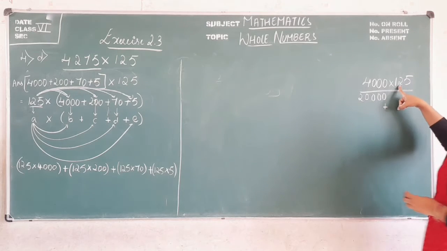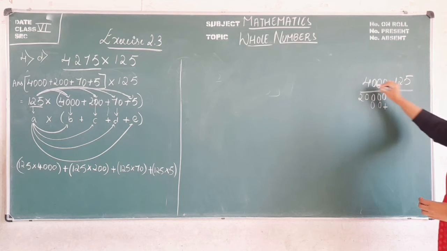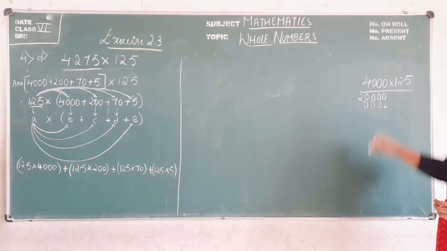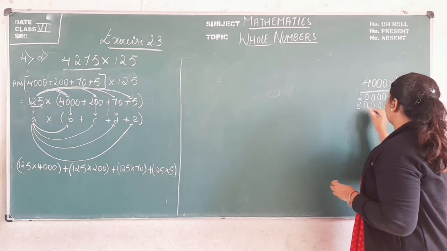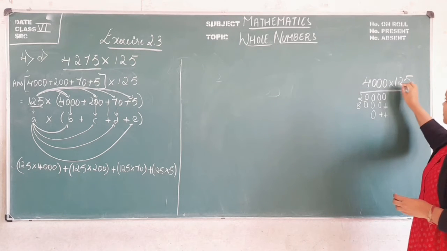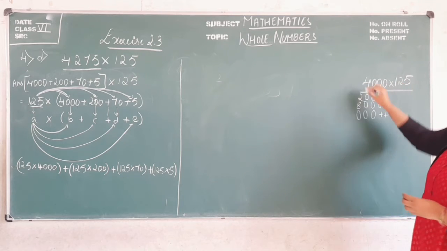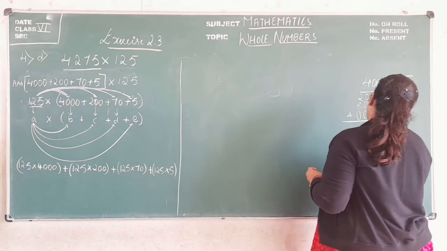Then we should multiply with 2. 2 zeros are 0, again 2 zeros are 0, again 2 zeros are 0. Then 2 fours are 8. Plus, then 1 zero is 0, 1 zero is 0, again 1 zero is 0, then 1 four is 4.